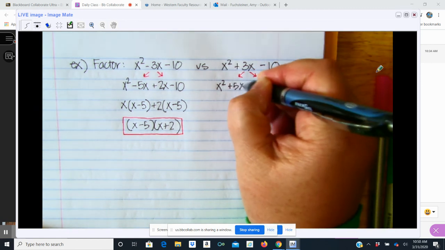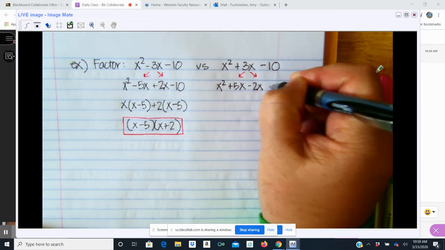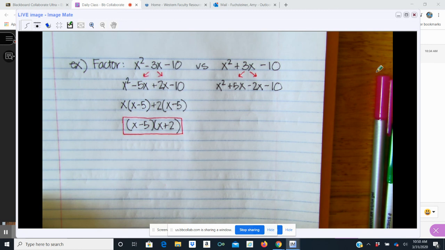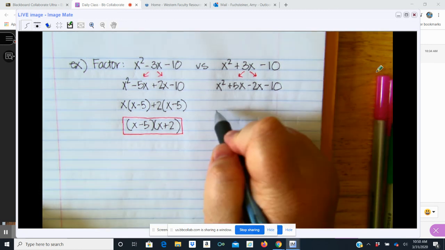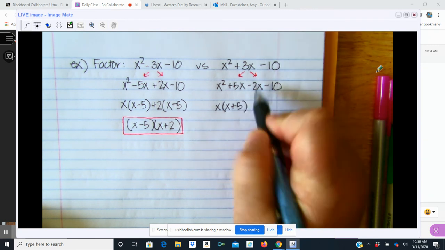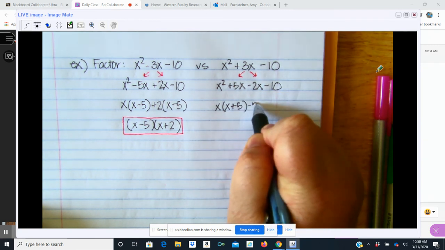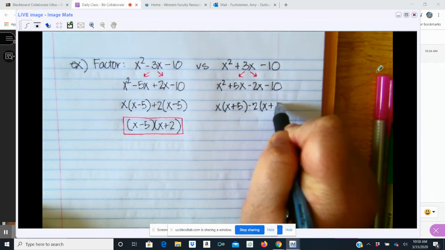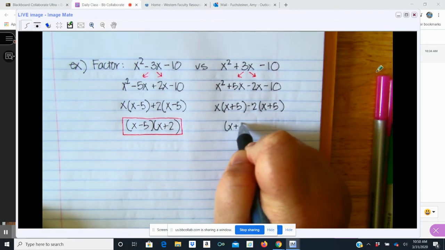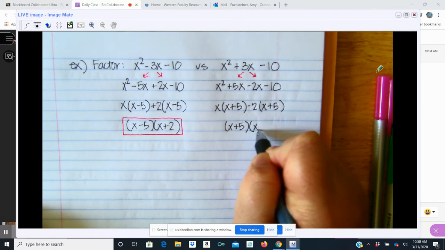There you go. Yep, the other way around. And it's important to note that this will change our answer. On the second one, I can pull out a negative 2. So that we've got an x plus 5, x minus 2.